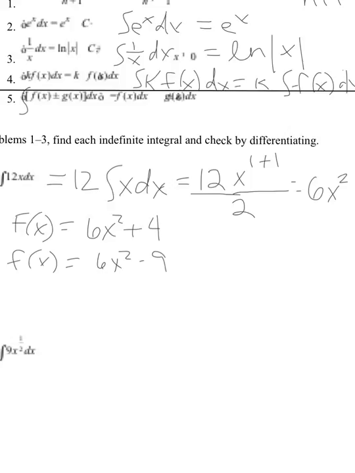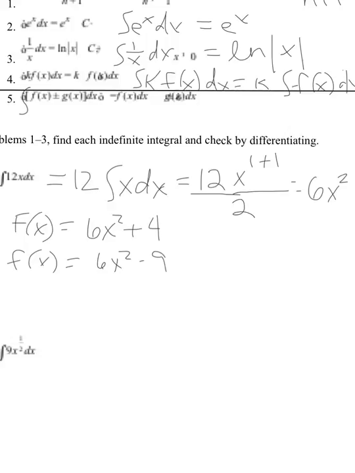That means when I'm integrating and I'm finding the family of functions that would be able to give me 12x as the derivative, there's a lot of different options, because I could have plus any number or minus any number at the end of that function.